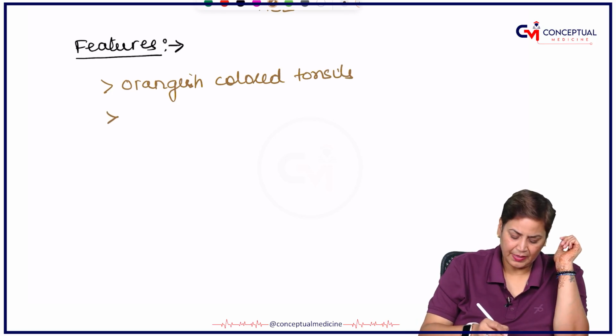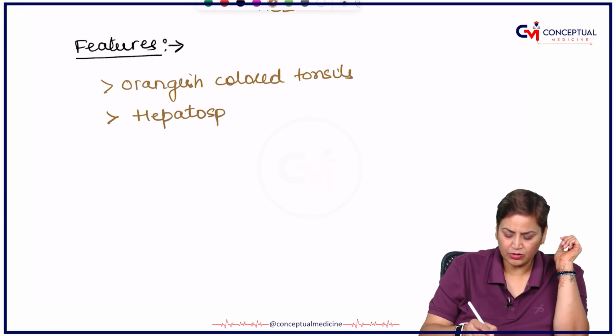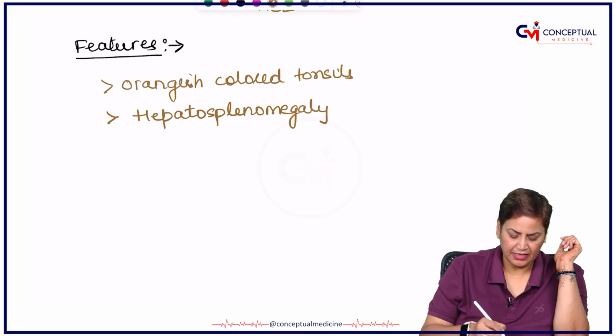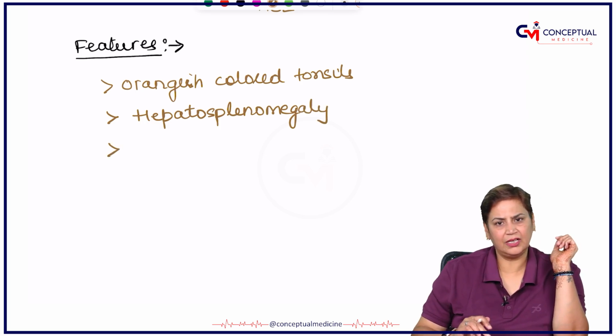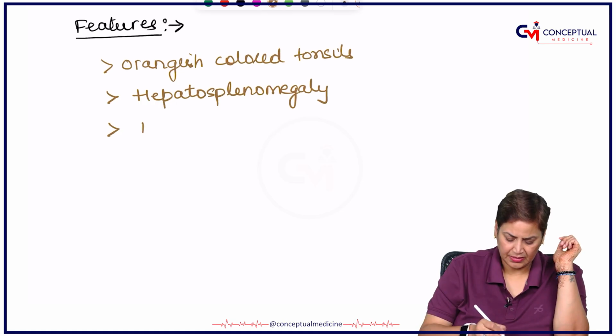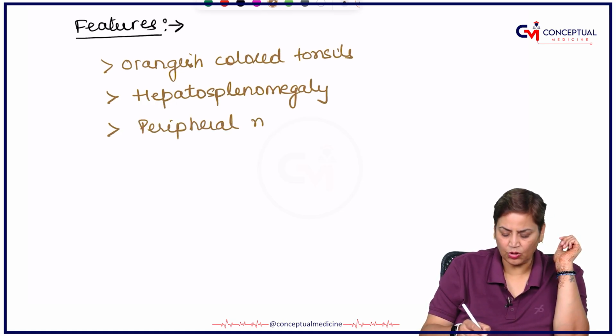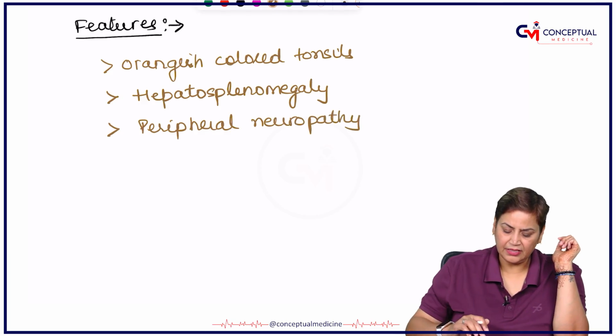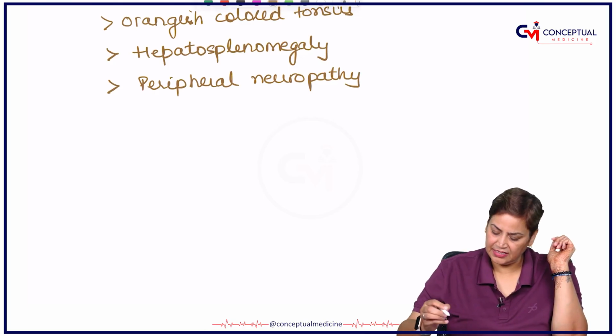There will be hepatosplenomegaly also, and there will be neurological manifestations. Peripheral neuropathy is also observed. Okay, this is Tangier's disease.